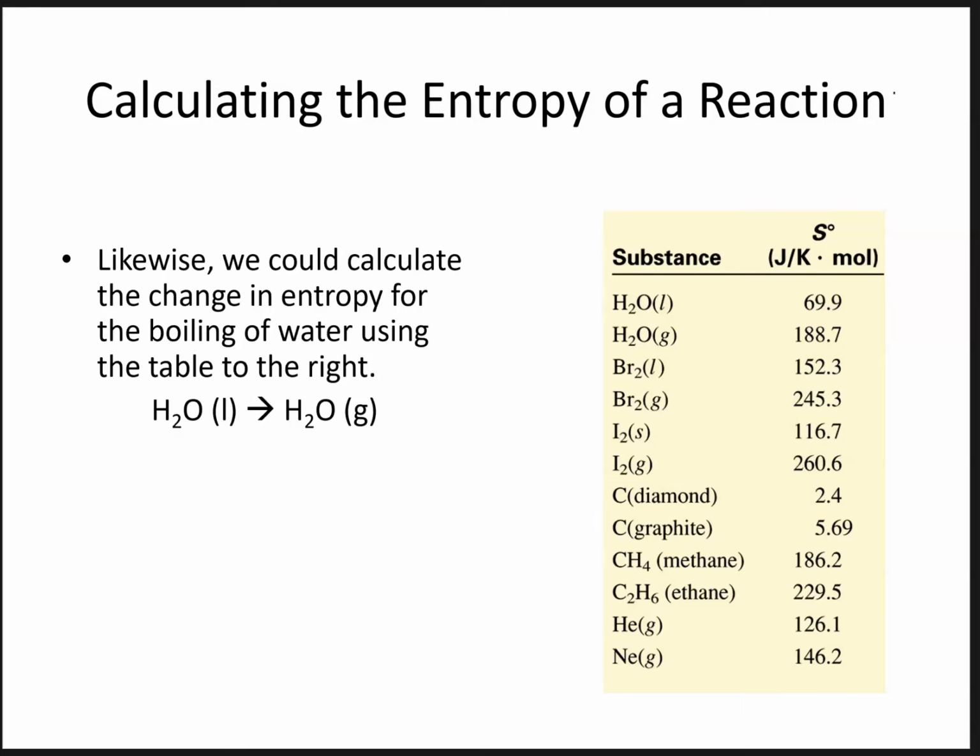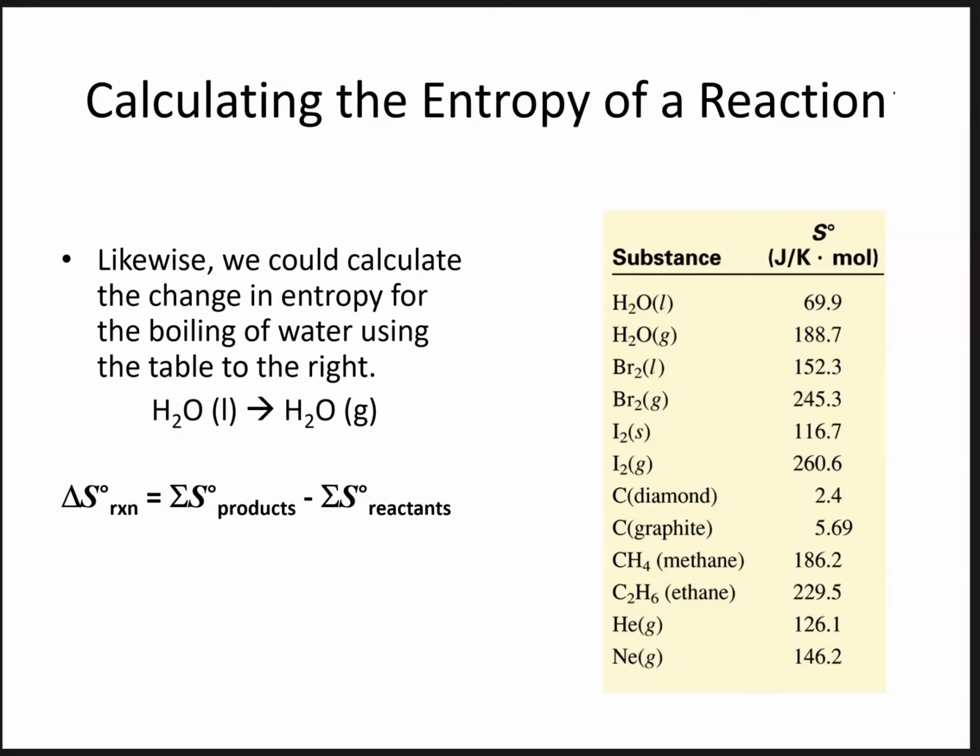Over on the right-hand side, we have a table involving several different molecules in different phases, and we can see here that liquid water has an entropy of 69.9 joules per Kelvin mole, and that gaseous water, or water vapor, has an entropy of 188.7 joules per mole Kelvin. Well, to determine the actual change in entropy, we can take the sum of the products minus the sum of the reactant entropies.